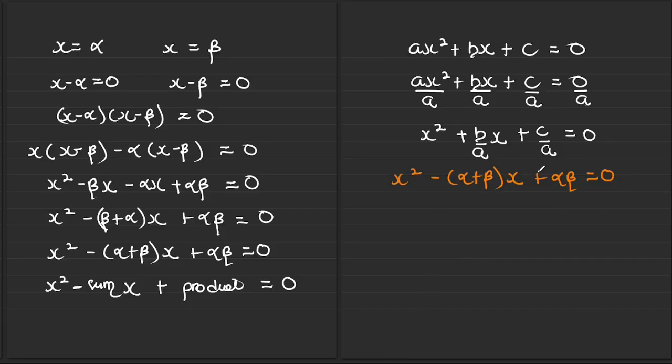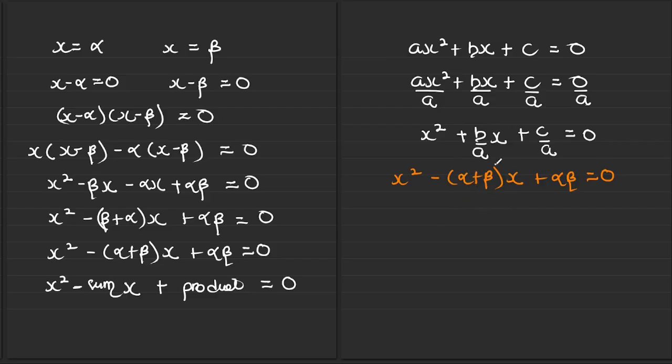If you are to compare the coefficients of the various terms, then for x squared, the coefficient is 1, and it is the same as 1 over here. For x, the coefficient is b over a. But over here, the coefficient is negative, into bracket, the sum of the roots.